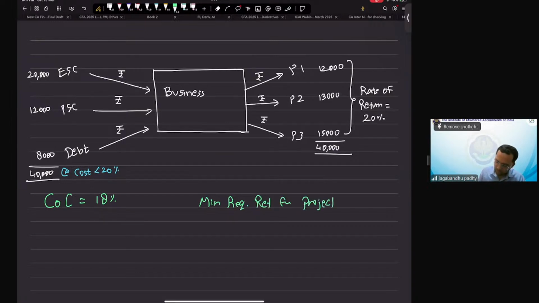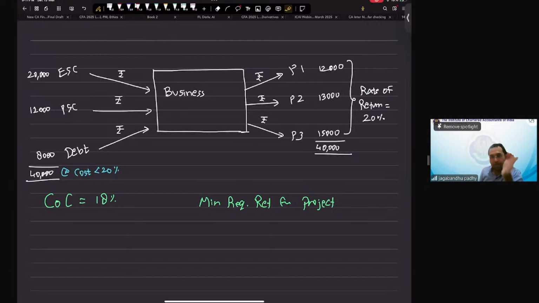If you're looking at investing in some projects, and you've computed the cost of capital as 18%, what is the bare minimum rate of return you will be asking for in a particular project? Tell me. If you know that you're going to raise money from somewhere and that is going to cost you, let's say, 18%, how much rate of return will you require from a particular project where the money is going to be invested? Of course, at least 18% or more than that, right?